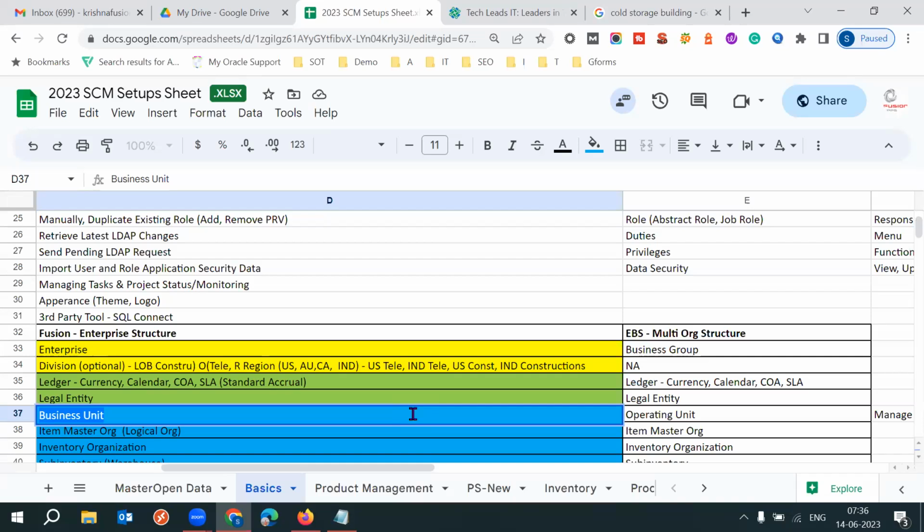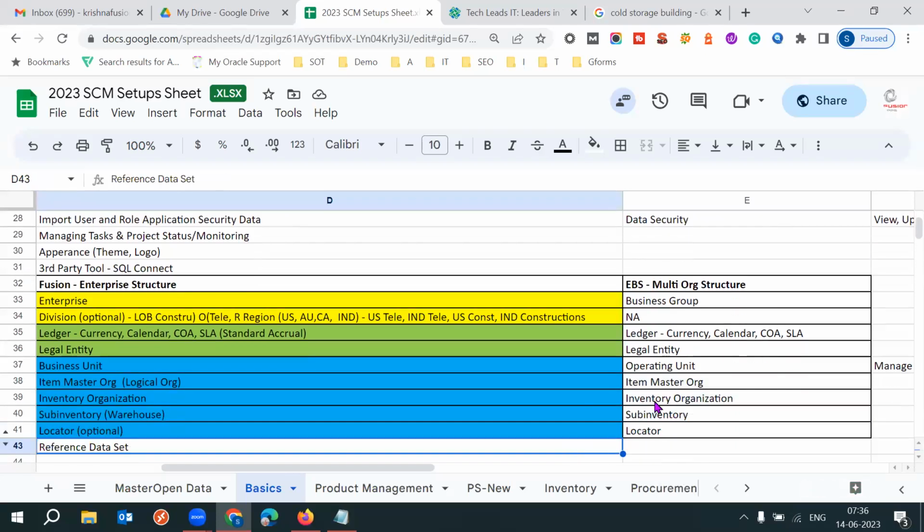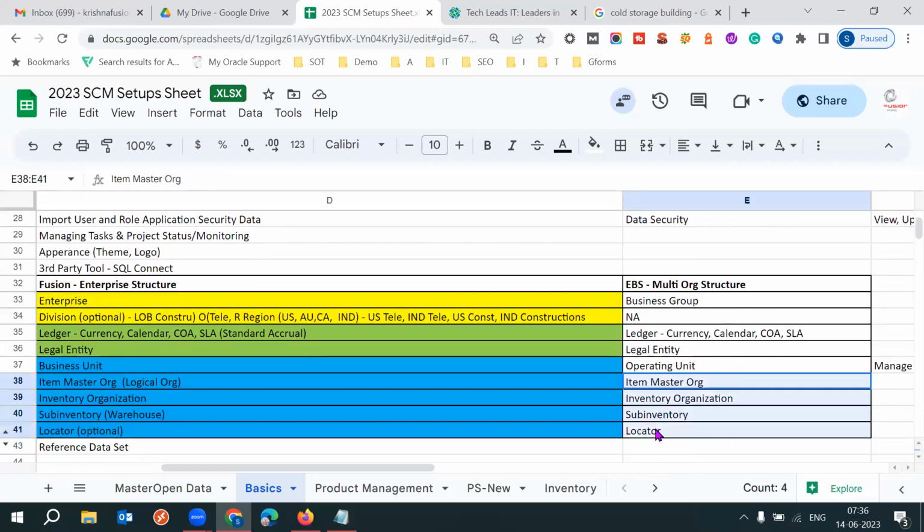From all those ERPs, Oracle extracted the best functionalities and built the Fusion product. That's why I call Fusion a hybrid product. The remaining entities, inventory organization, subinventories, locators, are all the same, no change compared with EBS.